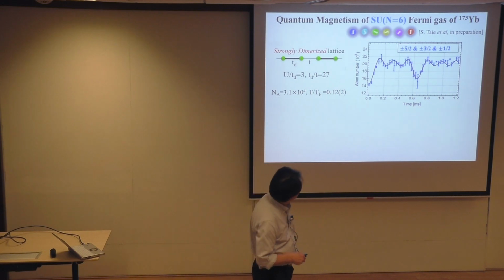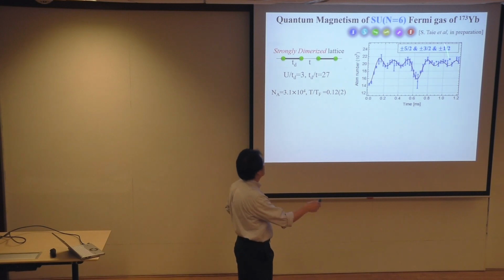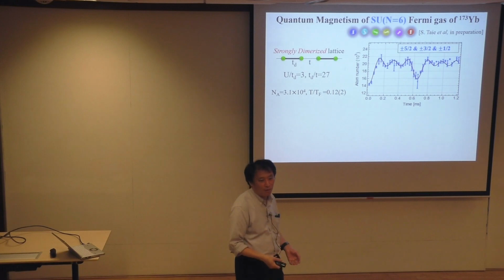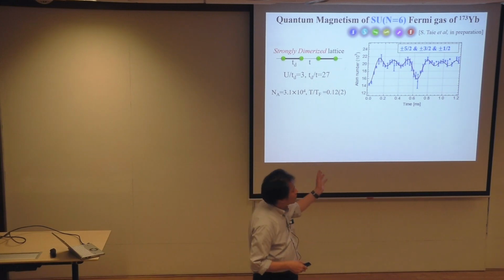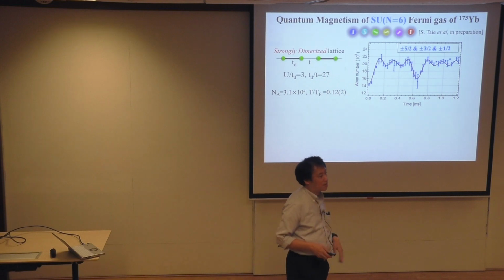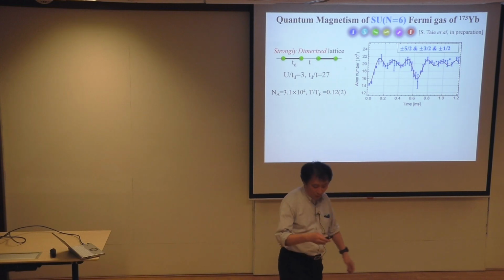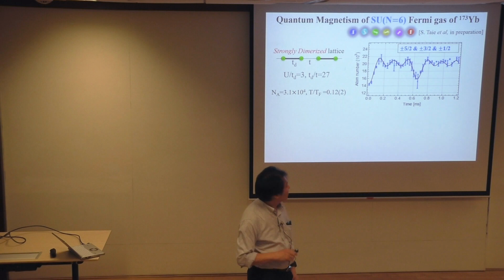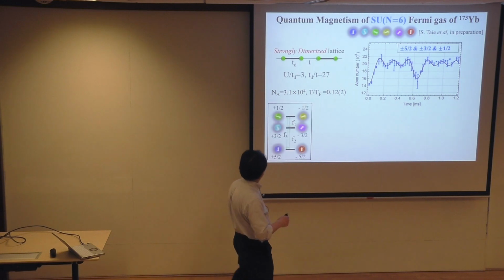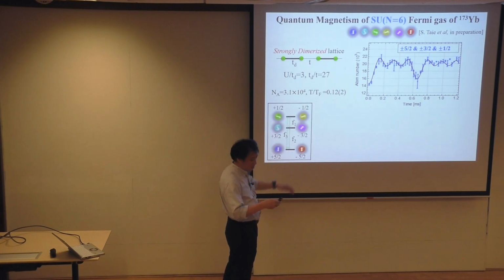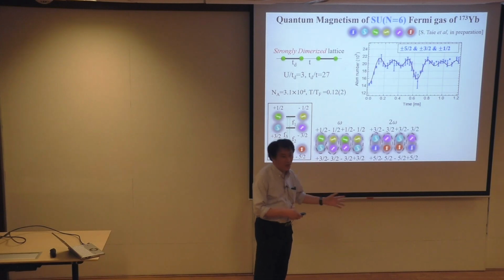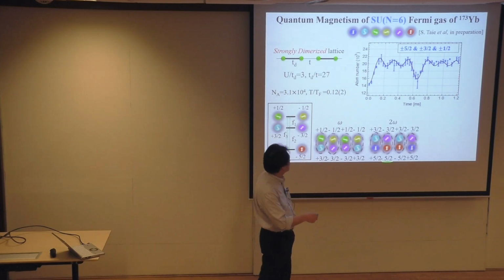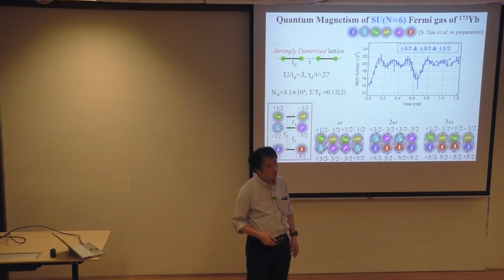And you can clearly see the oscillatory behavior of the STO signal. But this is not a simple cosine function, as in the case of SU(4). This is because there are many spin pairs which contribute to the STO signal with different frequencies of omega, 2 omega, and 3 omega.